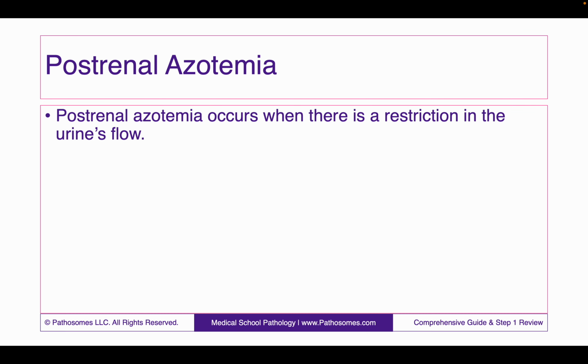On the other hand, you could have postrenal azotemia. Postrenal azotemia occurs when there is a restriction in the urine's flow.